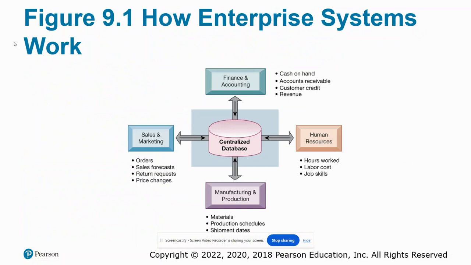Enterprise systems overall feature a set of integrated software modules and what we identify as a central database. That central database is really what we refer to as the heart of an ERP system. And so with that central database, business processes and functional areas throughout the enterprise, or functional units or departments, can share that data from that centralized database.